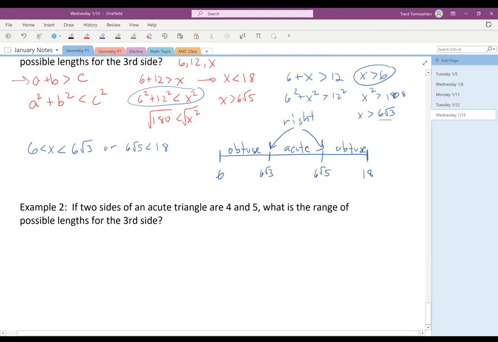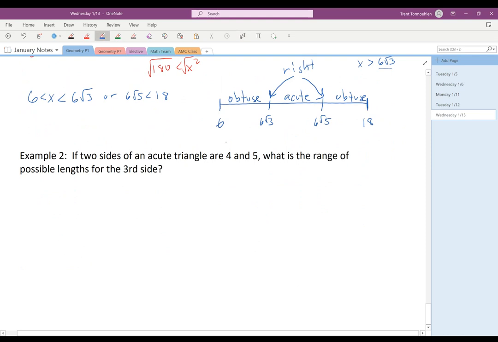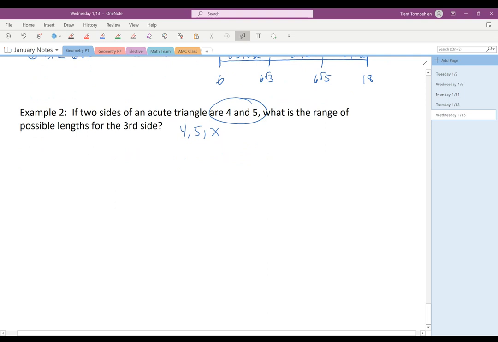So using that method to do this one, we realize, okay, so I've got 4 and 5. So we're going to have 4, 5, and x. We're doing it as an acute triangle this time instead of an obtuse triangle. So we know that if x is the long side, 4 plus 5 has to be greater than x. And we know that 4 squared plus 5 squared, in this case, has to be greater than x squared, though we could just think about it as equal.